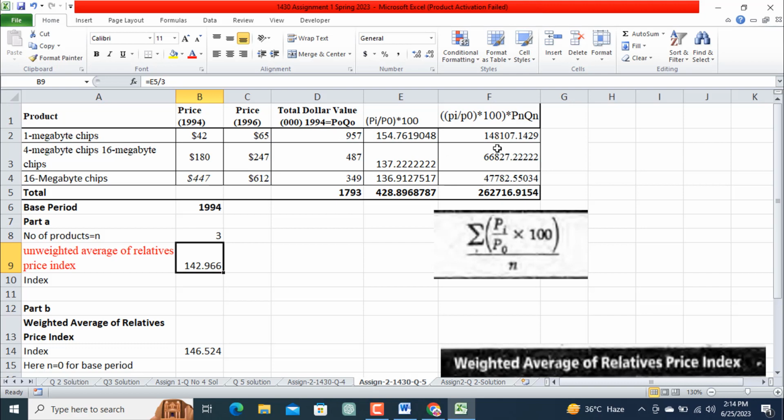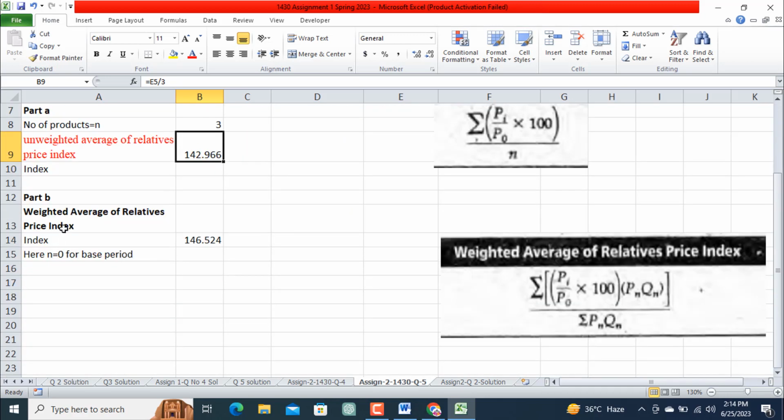So we will get these corresponding values of the weighted average of relative index here. Now here is the sum 428, and P naught Q naught sum 1793. So divide this sum of the F column by the sum of the E column, and we will get the weighted average of relative price index, which is equal to 146.524.